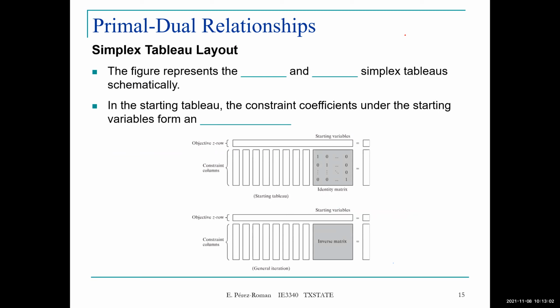So the simplex tableau layout: the figure represents the starting and the general simplex tableau schematically. In the starting tableau, the constraint coefficients under the starting basic variables form an identity matrix, and this is something that I have mentioned several times.